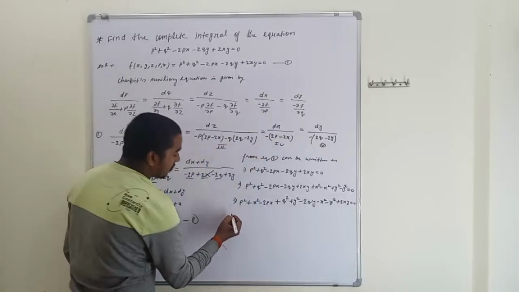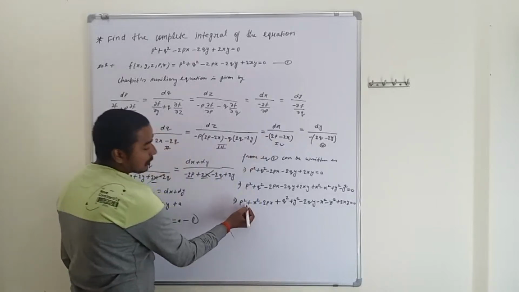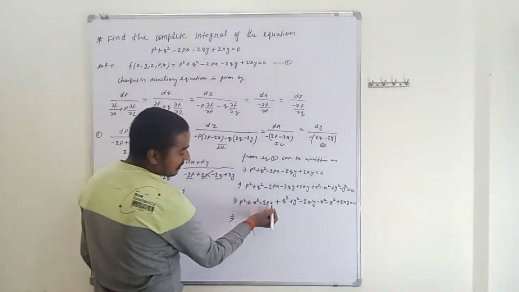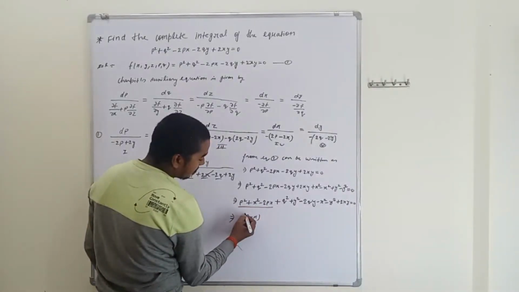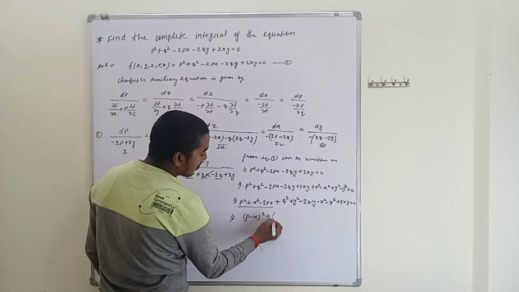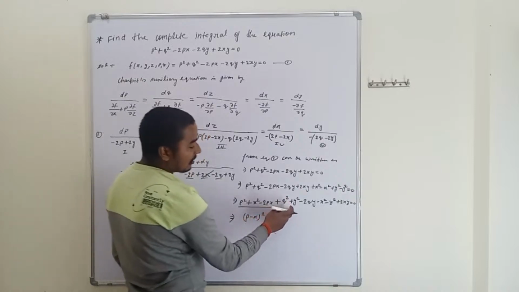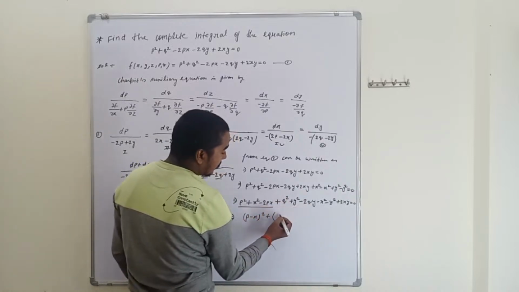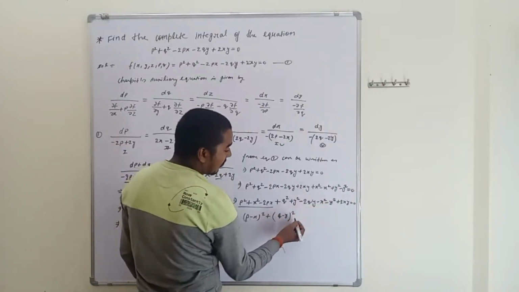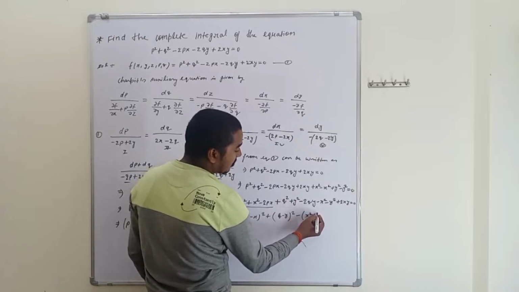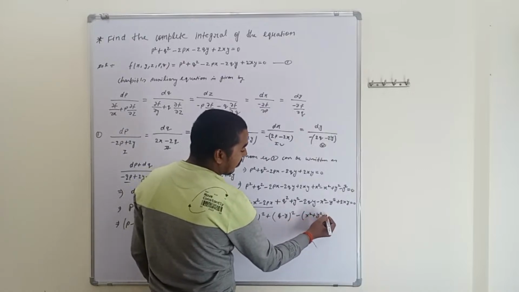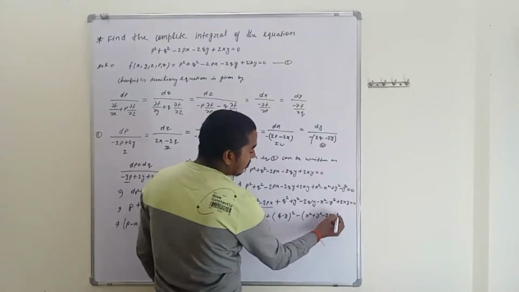Further we have to also write, p square plus x square minus 2px is written as p minus x whole square, plus q square plus y square minus 2qy is written as q minus y whole square, and from here taking minus as common, x square plus y square minus 2xy is equal to 0.